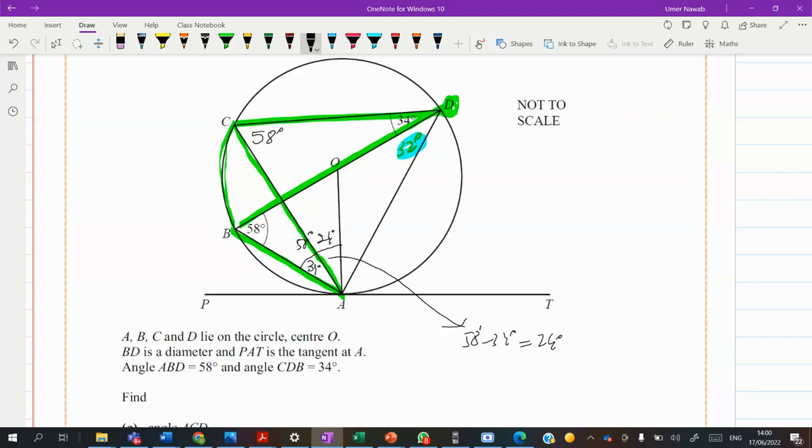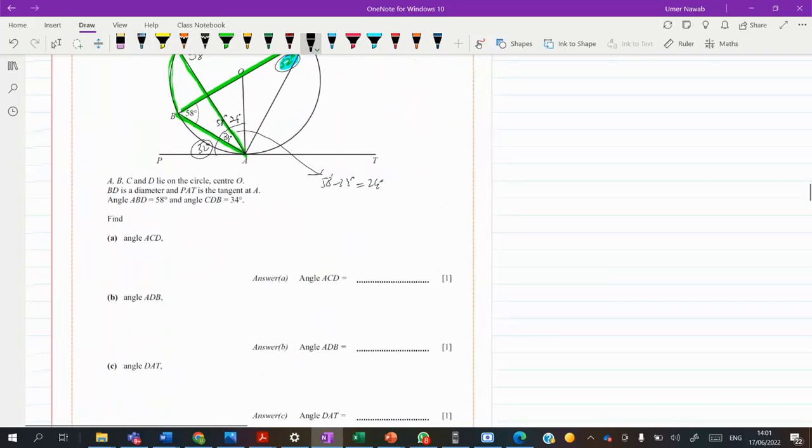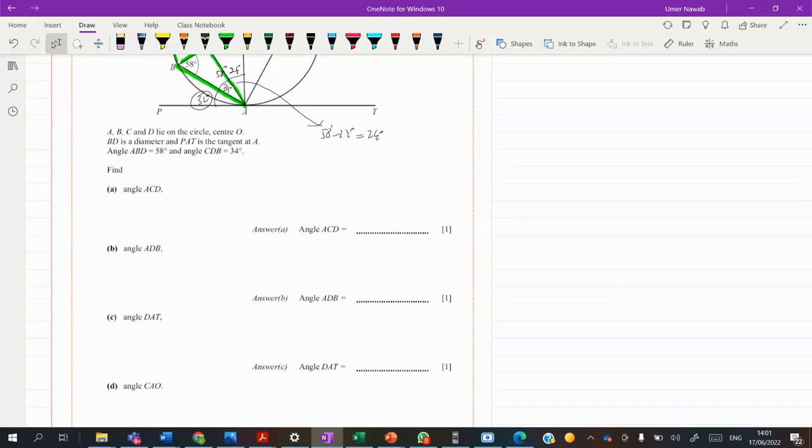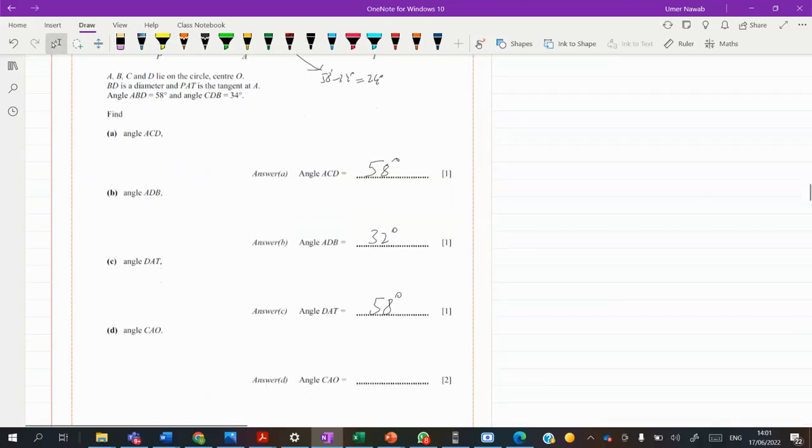No need to go into any other reasoning. As you see, this angle has to be 32 by the alternate segment theorem, but it is not required. Let me copy all the angles which I found: 58, 32, 58, and 24.